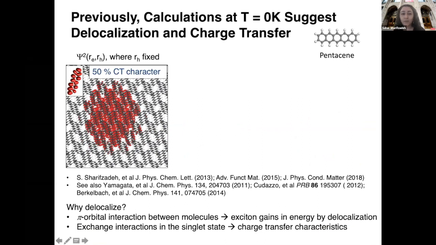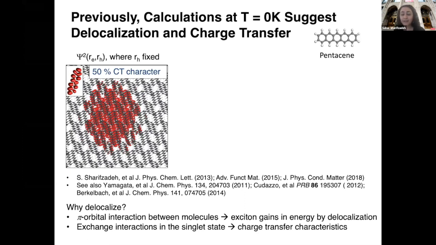When we put them into a bulk crystal, we have pi-pi interactions in the crystal, and we can get delocalization of the exciton. This image shows that the exciton delocalizes over about 10 molecules or so. We can analyze this wave function to determine the charge transfer characteristics, which can again be important for conversion, and we found that it was about 50% charge transfer character.